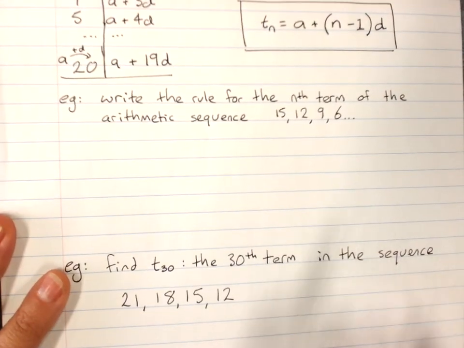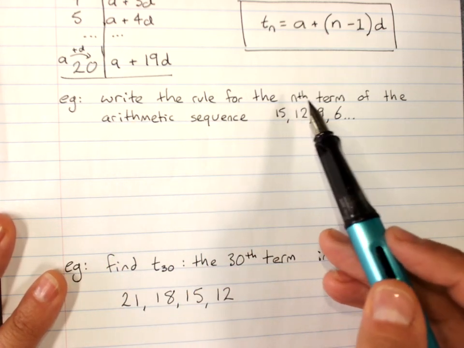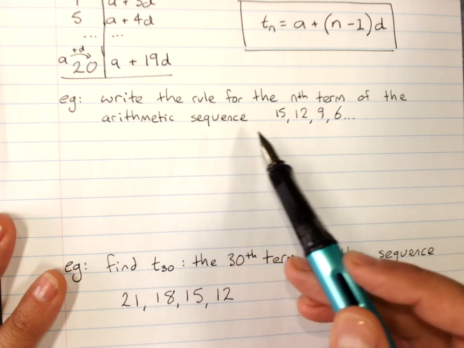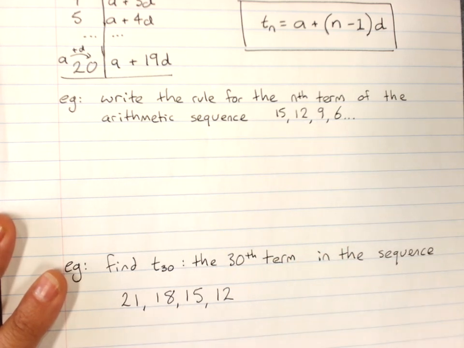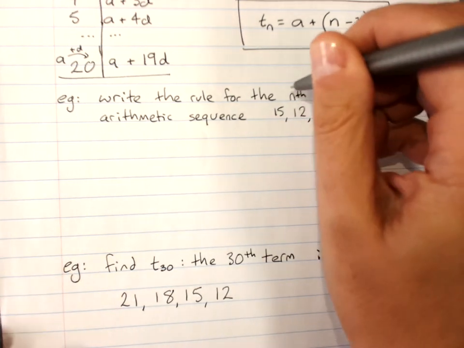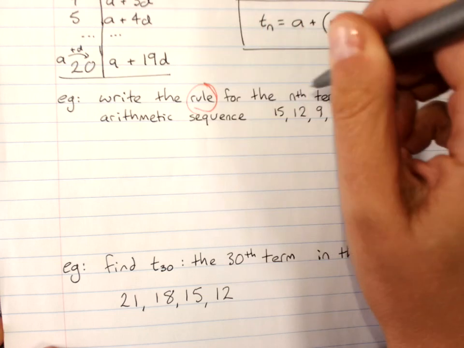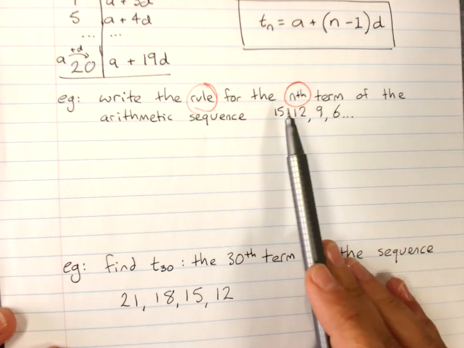A couple of examples. Write the rule for the nth term of the arithmetic sequence 15, 12, 9, 6. Now this type of question is just asking for a rule for any term. They haven't told you which term they want.